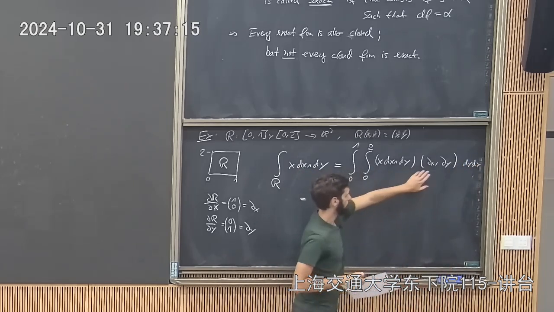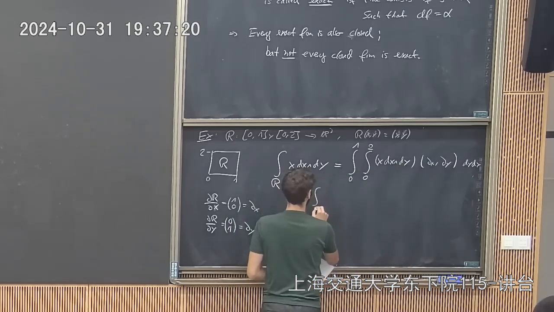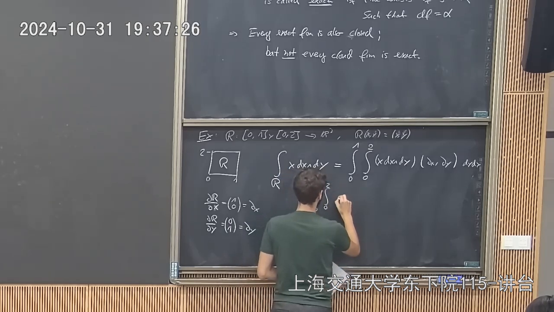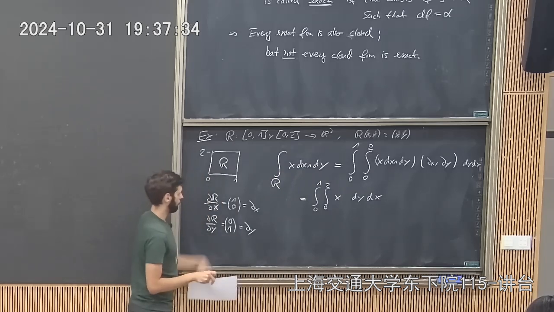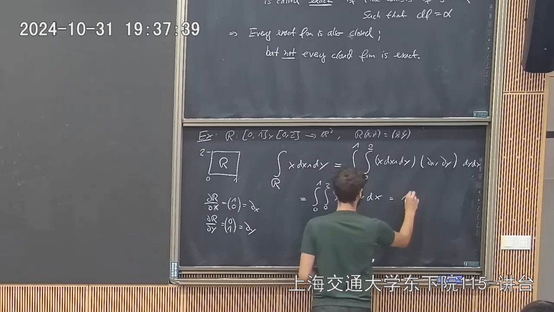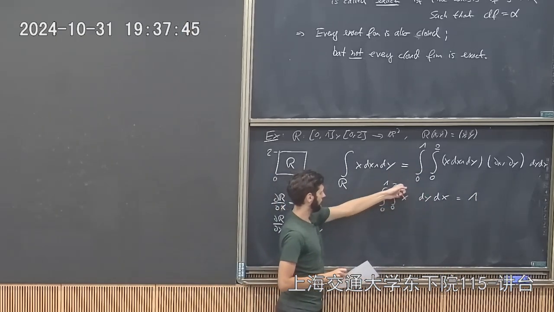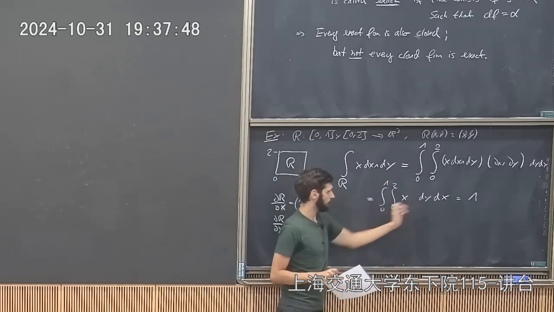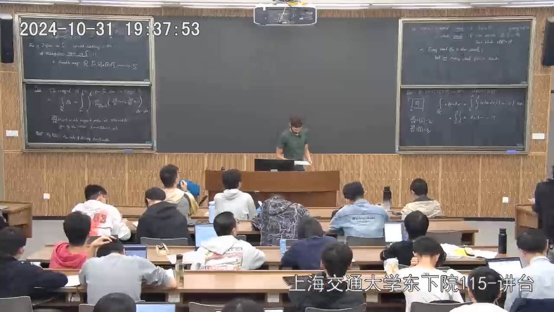And if you pair them the other way around, then you get 0. So this essentially comes down to x times dy dx. That you can calculate, and I think it should be 1. You integrate over y, that's a constant, it gives you 2. And then you integrate x over dx, which gives you x squared over 2, and then you insert the boundaries.